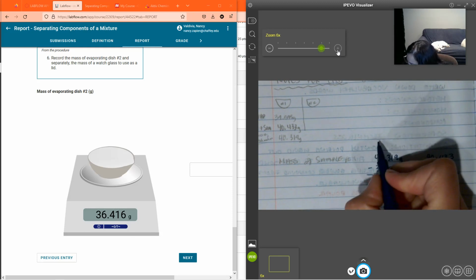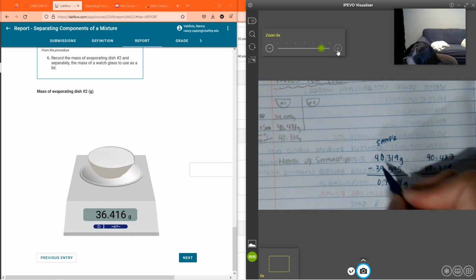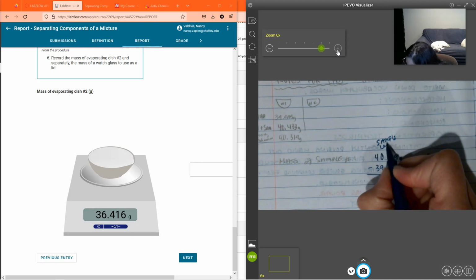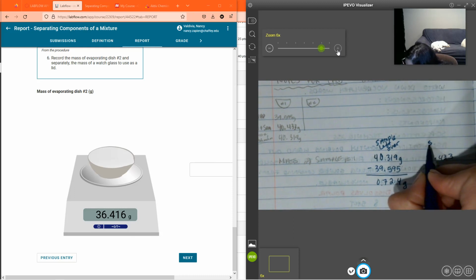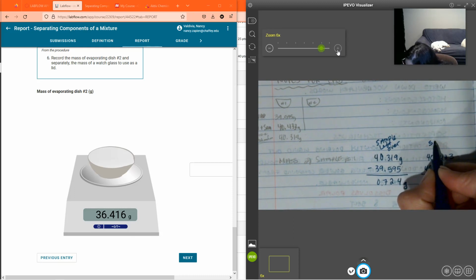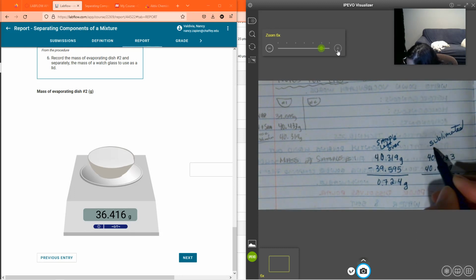So this is the sample, and that was left over. And this is going to be what got sublimated. Okay. All right.